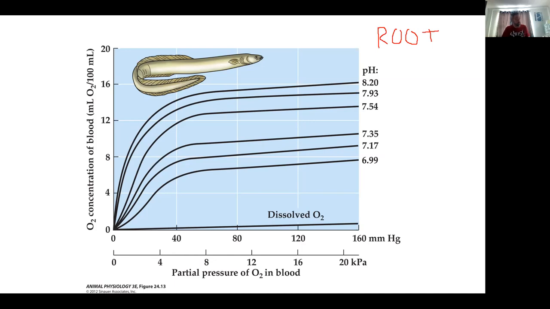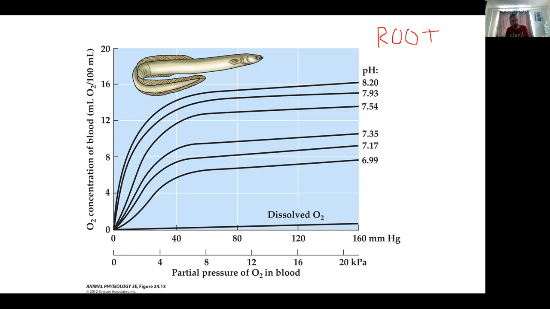We see it in the retina of the mammalian eye, the vertebrate eye, and not really many other places. And the Root effect is this idea that, yes, as we have less oxygen available, we're going to have a Bohr effect, and the Bohr effect is going to change the affinity of our hemoglobin for oxygen.